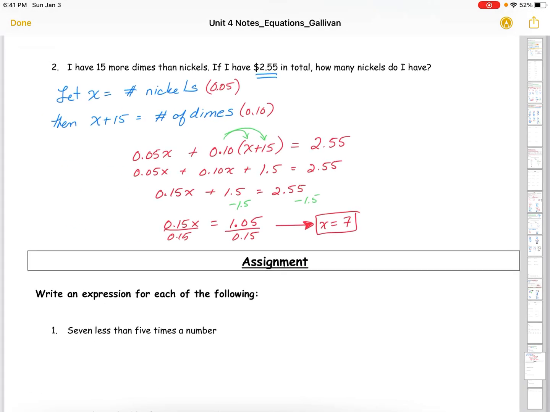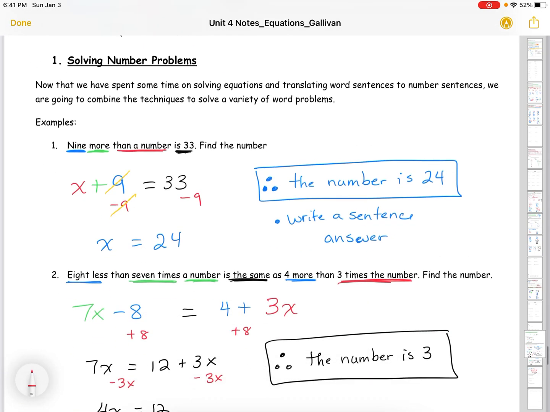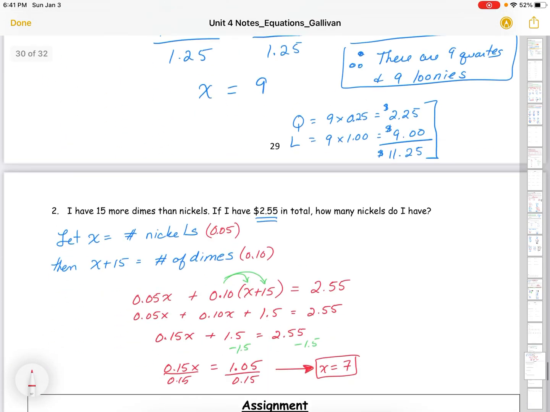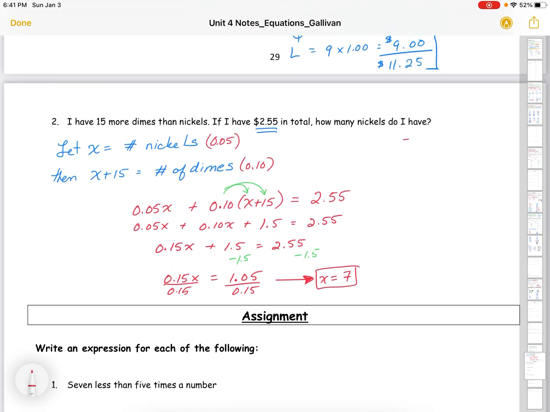So from that, I have 7 nickels, and then I have 7 plus 15 dimes, which is 22.